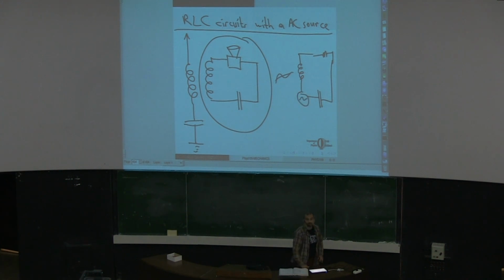This is our AC source. This is just a simple model of this radio. Now, the AC source over here and the inductor in this radio are the same. This inductor here, due to its mutual inductance with the external solenoid, creates this AC source, the EMF source.